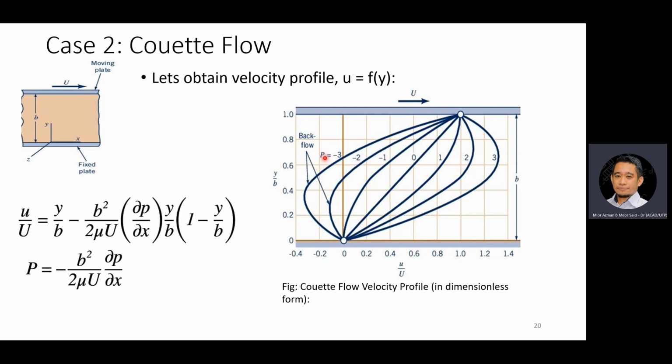The more negative the value of P, the more the curve goes towards the back. So once you know the velocity function, you can just play around with the parameter, the constant P, of some value, so you can change your velocity profile.